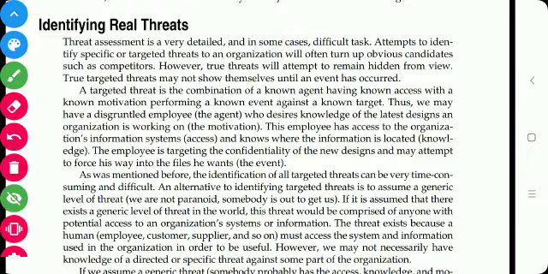Means here the attacker or the agent is an employee of the organization who wants to harm the organization. And the identification of all the targeted threats can be very time consuming and difficult. So an alternative to identifying targeted threats is to assume a generic level of threats.